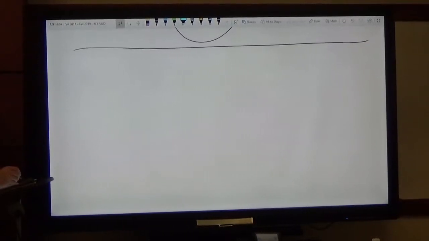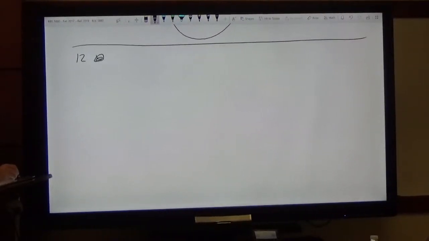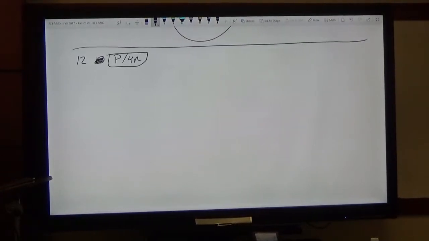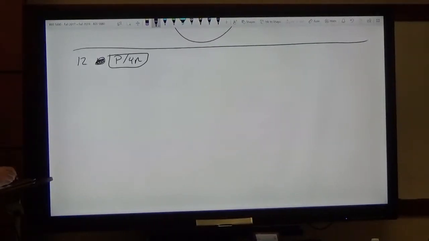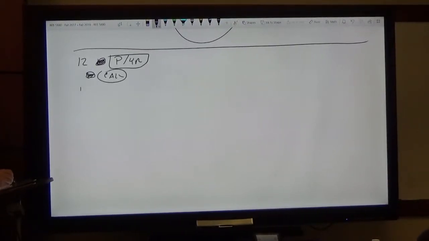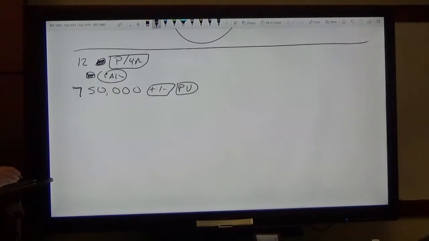First of all, let's say we've got 12 payments per year. Give me a dollar amount for our mortgage. 750,000. Okay, 750,000 is going to be our mortgage.